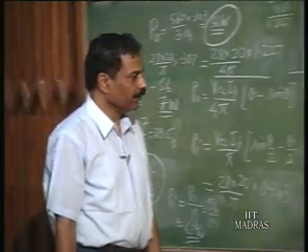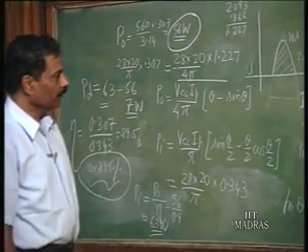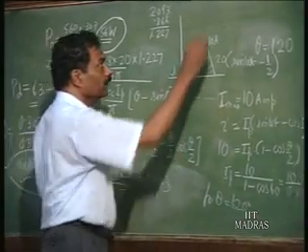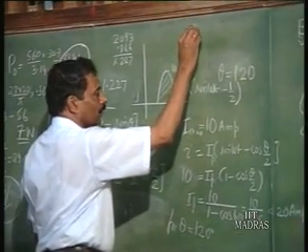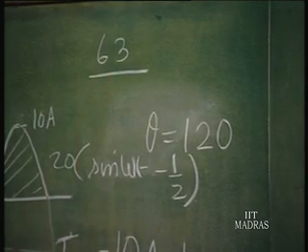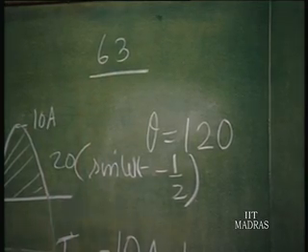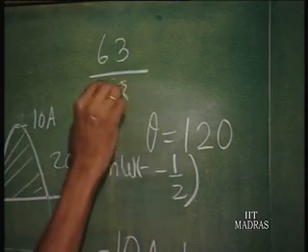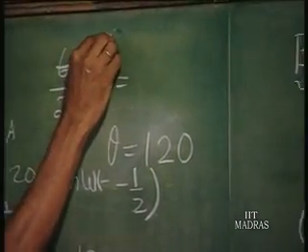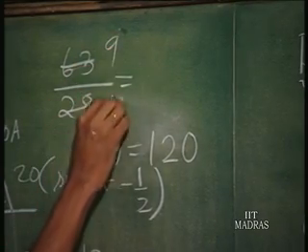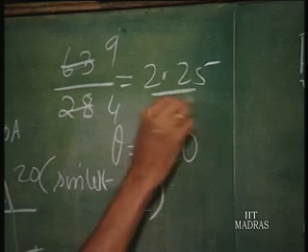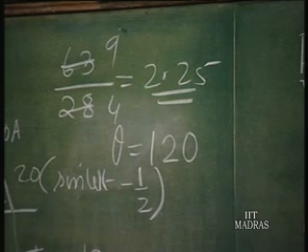And as far as the average current is concerned, that is going to be, what is that value? 63 divided by 28 volts, which is 2.25 amperes.